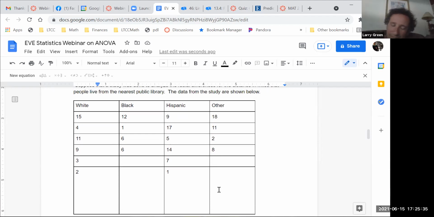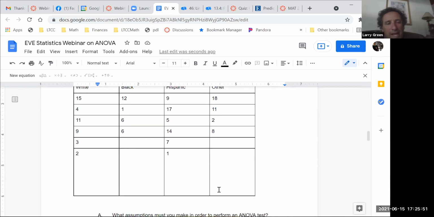This study would be very hard to do with dependent data. Good luck finding 4, a white, a black, Hispanic, and other that are all associated with each other, and then find another group and then another group. That probably didn't happen.